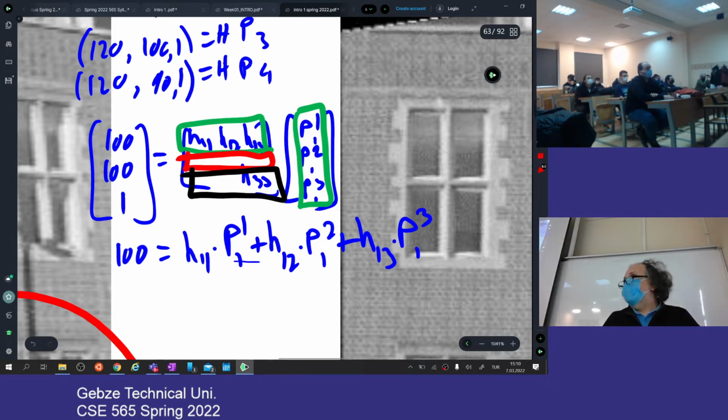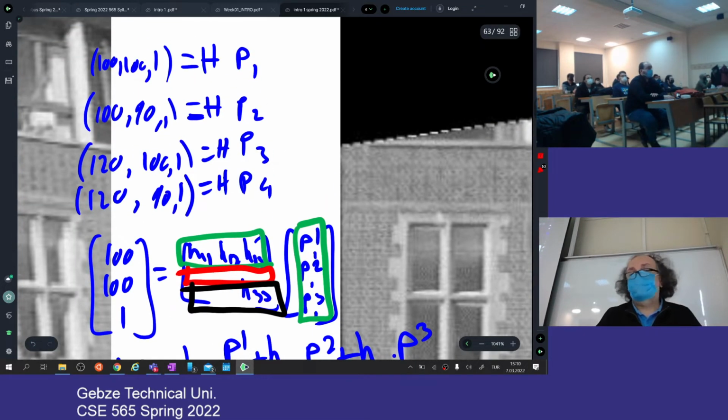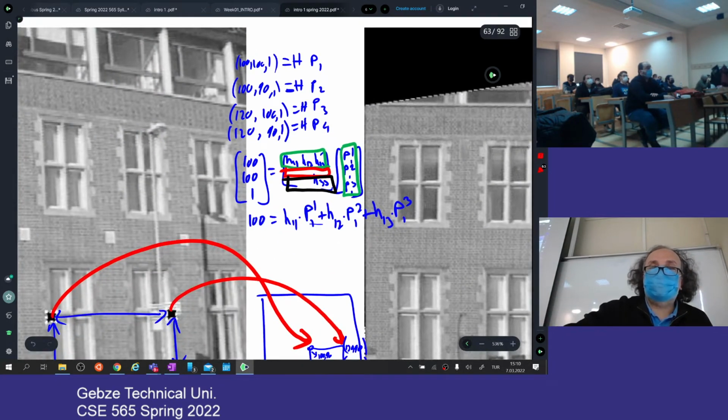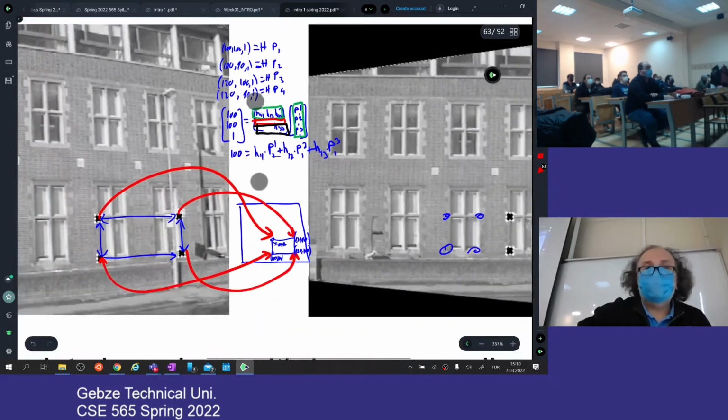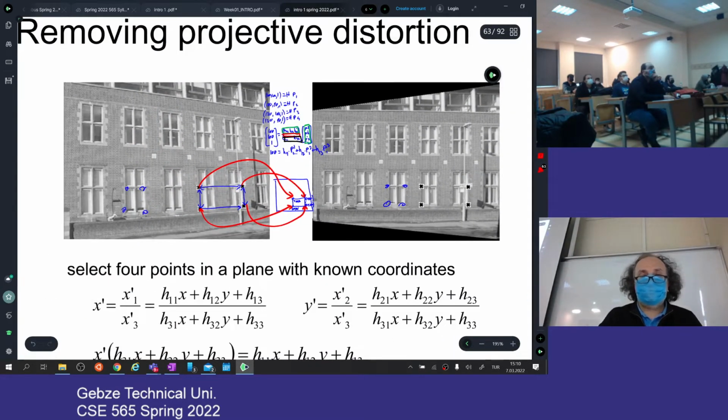So I am getting 3 equations out of this simple point correspondence. If I do that, I will solve these parameters for H, and I will get my homography between these 2 images.